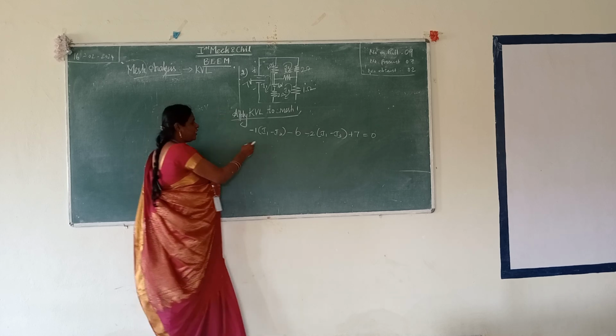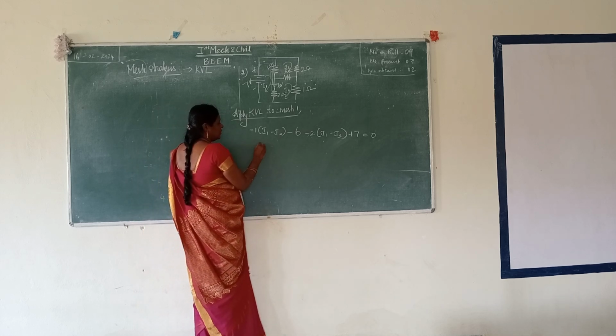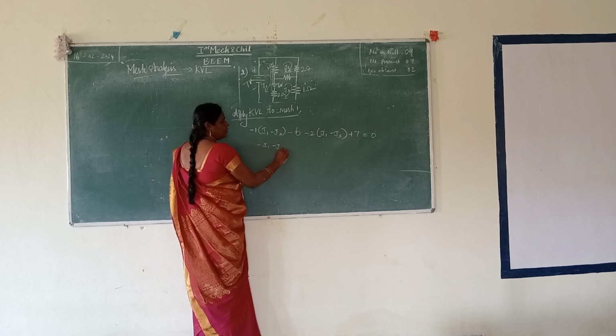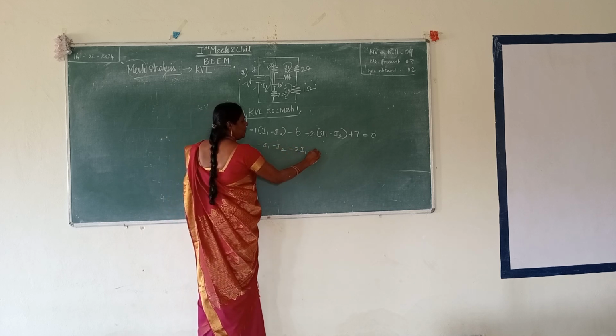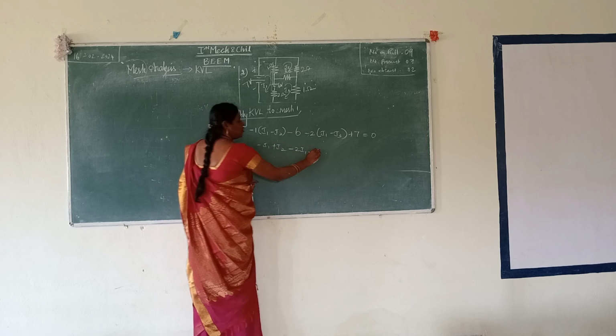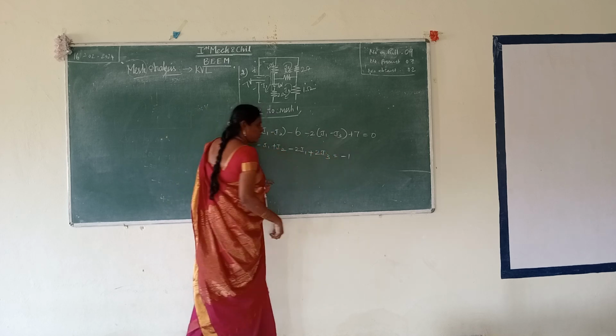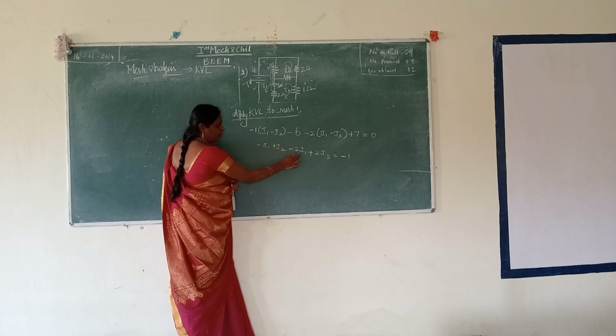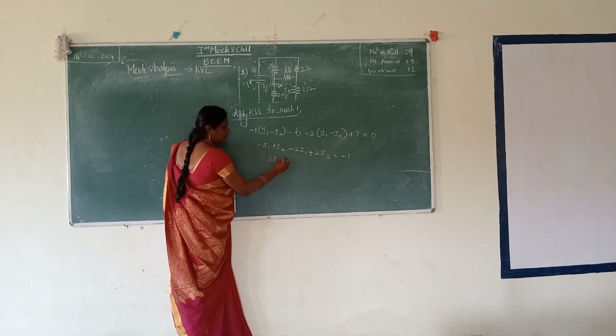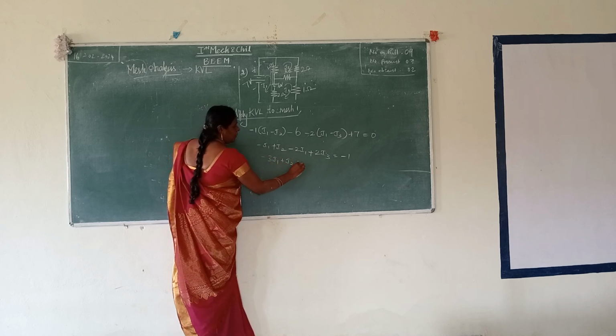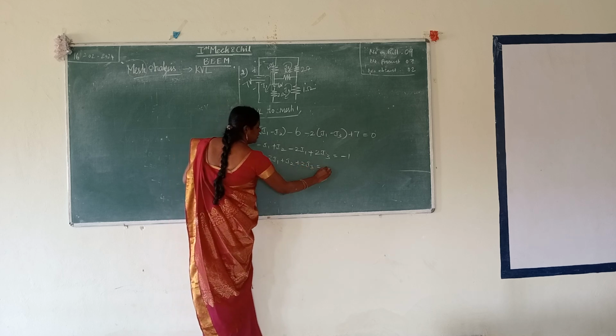So if I solve it, minus I1 plus I2 minus 2I1 plus 2I3. 7 minus 6 is equal to plus 1 on the other side, giving minus 1. So minus 3I1 plus I2 plus 2I3 is equal to minus 1.